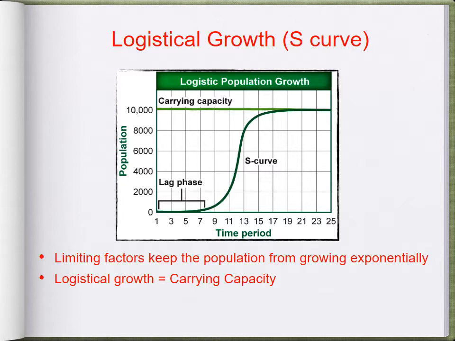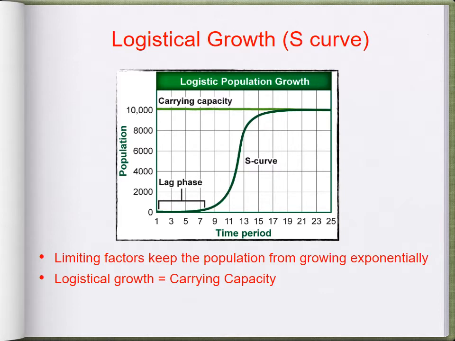I want to be very clear here that you only have to hit one limiting factor. And whichever one you hit first will turn you into an S-curve, whether it's food or water or shelter or predators or disease. The first limiting factor you have will turn a J-curve into an S-curve.